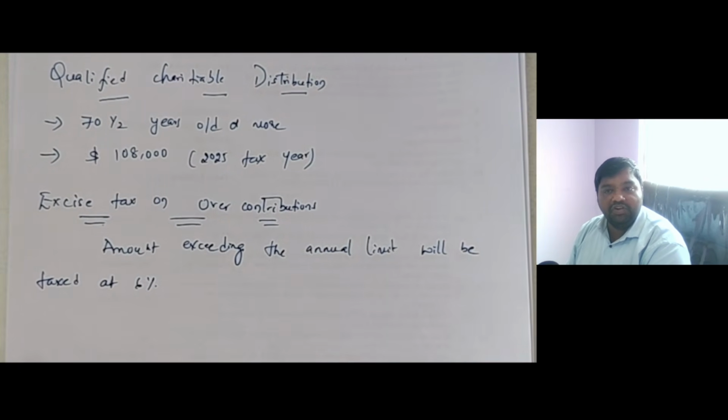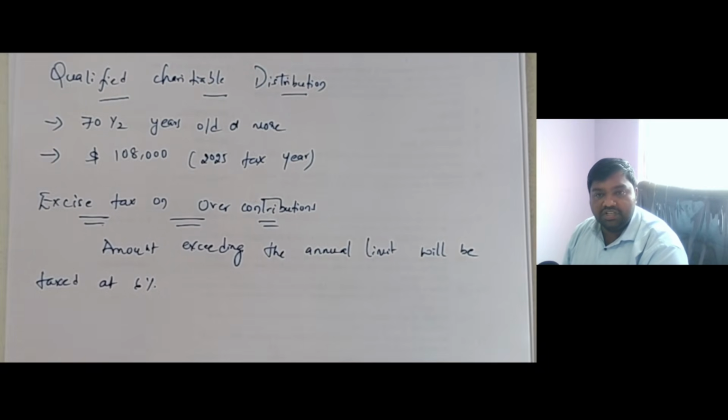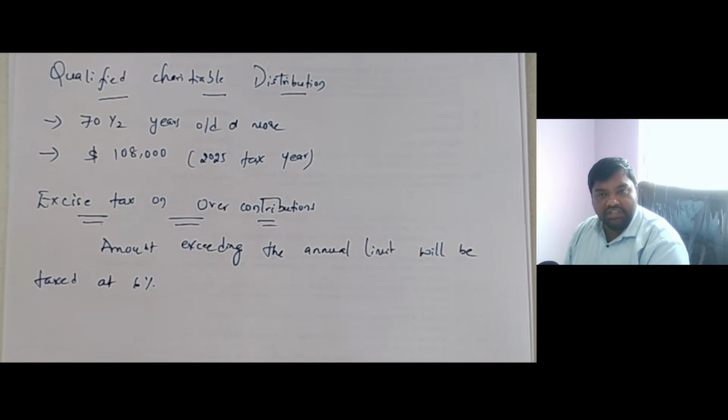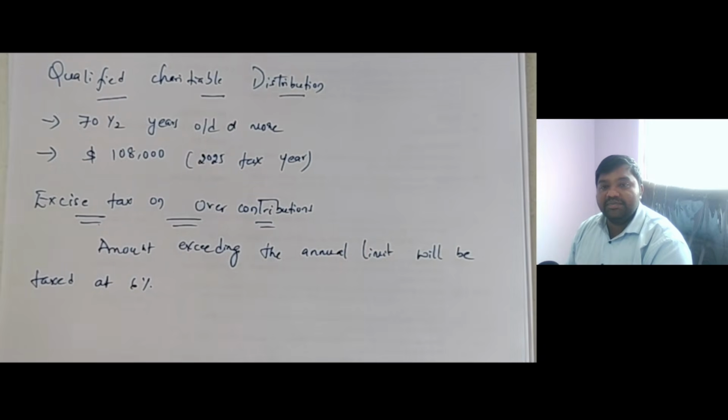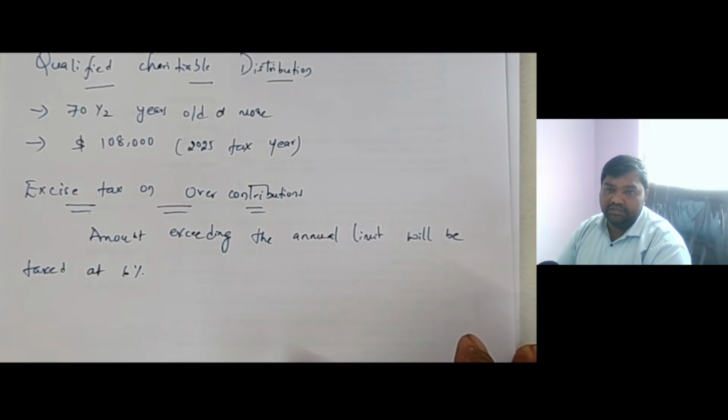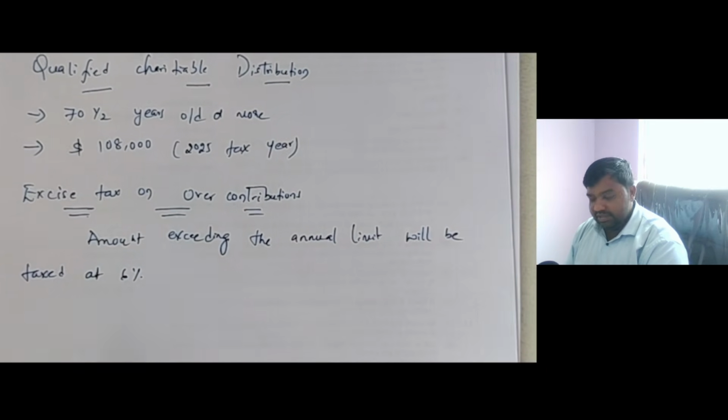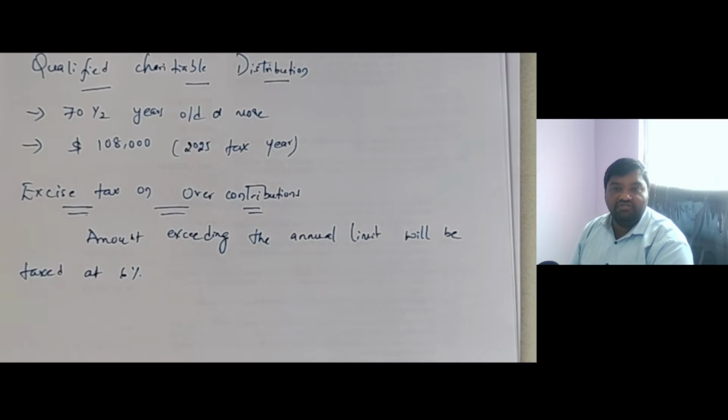Let's say you are contributing $10,000. So the extra is 3,000. 3,000 into 6%, you have to pay as excise tax. This is to restrict people from making over contributions. Unless that money is removed from your account, every year you have to pay. So you should remember this for your individual retirement accounts.